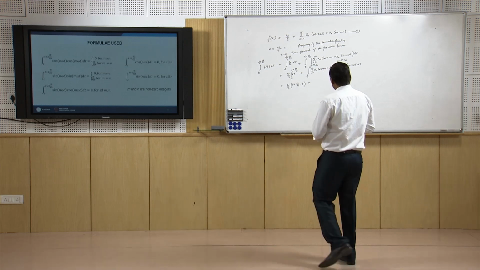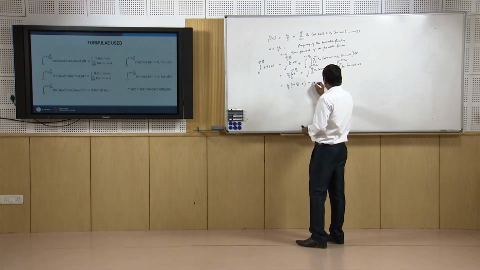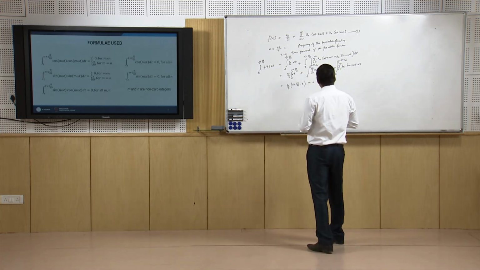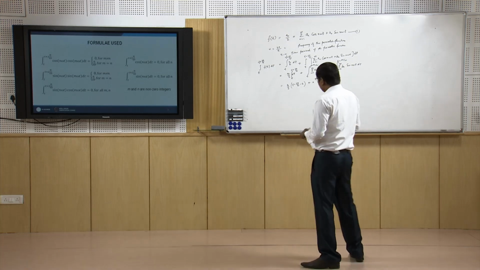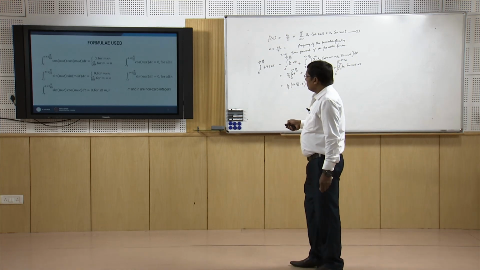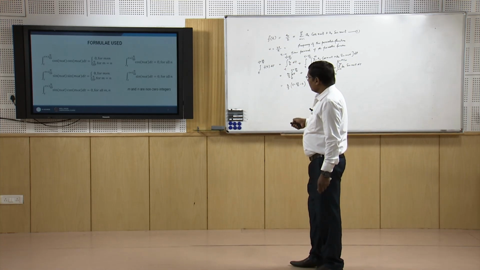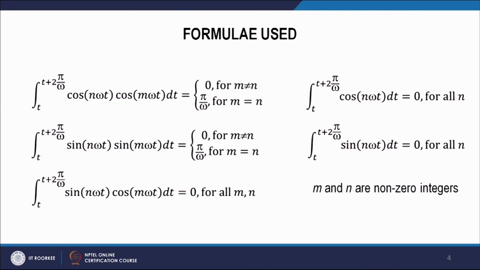Similarly, the integral of sin n omega t dt from t to t plus 2 pi by omega is 0 for all n values. So this summation of integrals will also be 0.